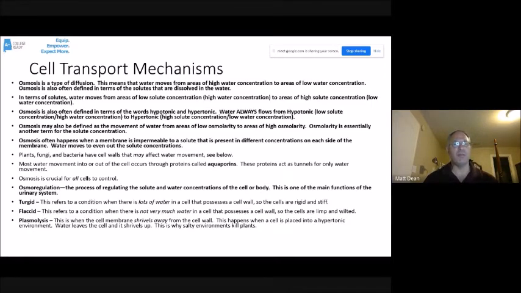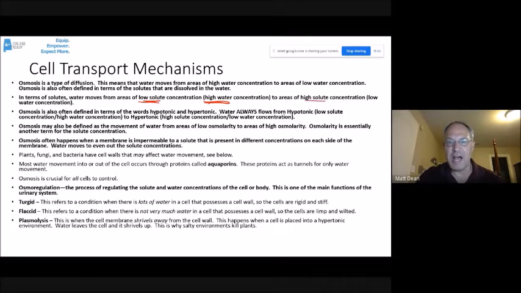What gets confusing about osmosis is that oftentimes we also define it in terms of the solutes, the materials that are dissolved in the water. In terms of solutes, water moves from areas of low solute concentration to areas of high solute concentration. What you've got to remember, though, and understand is if there's low solute concentration, that means that the solution's mostly water, so high water concentration.